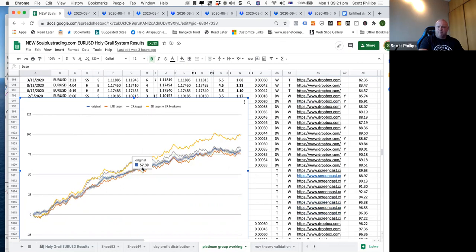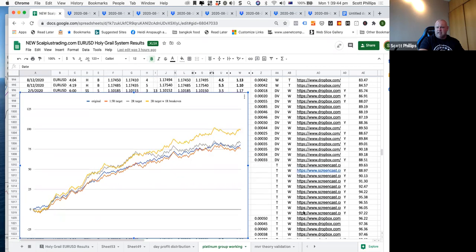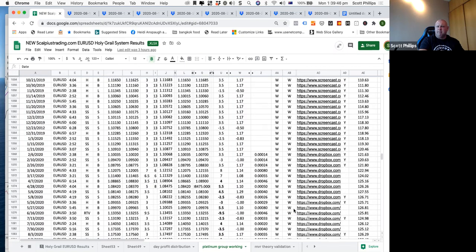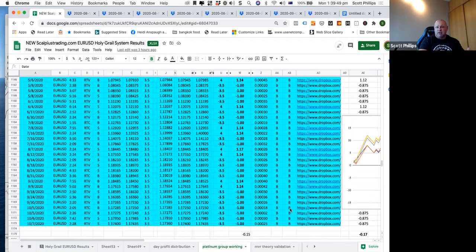You can see bigger drawdown. And red is a 1.5R target, which wasn't as good. Gray is a 2R target, which is pretty good, better than the original, but still has drawdowns. The 2R target with 1R at break even is the clear winner. It's significantly better.